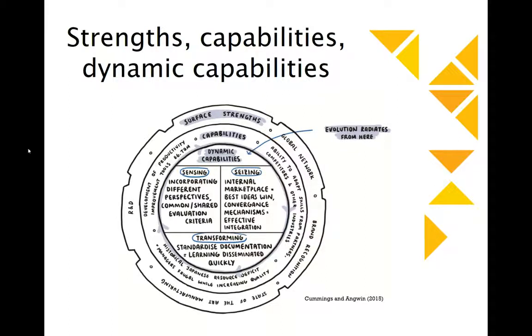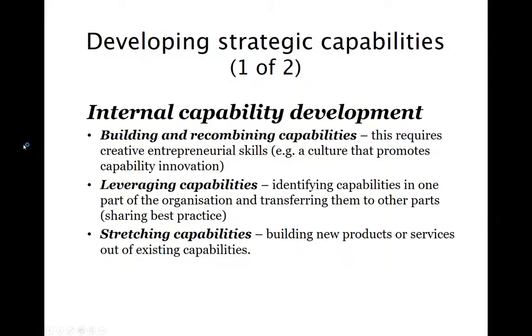And then we have, of course, different types of practices or mechanisms to enable capability development. So how do we develop strategic capabilities? How do we develop capabilities internally, first of all? Building and recombining capabilities.